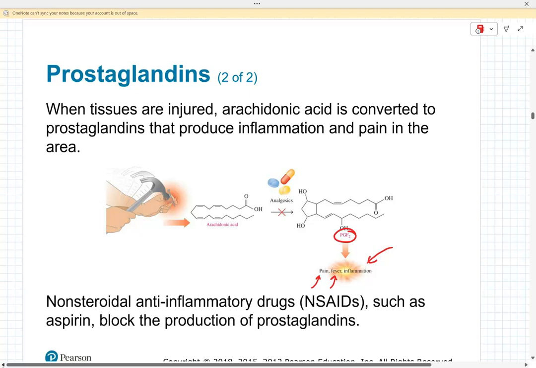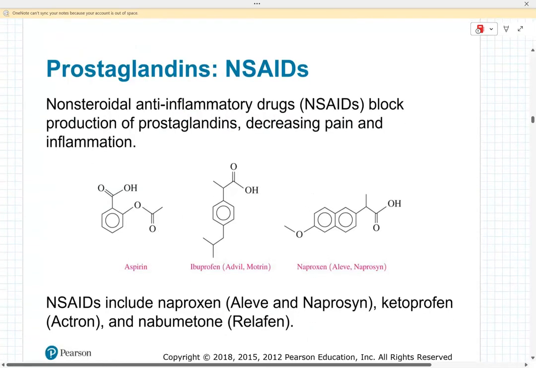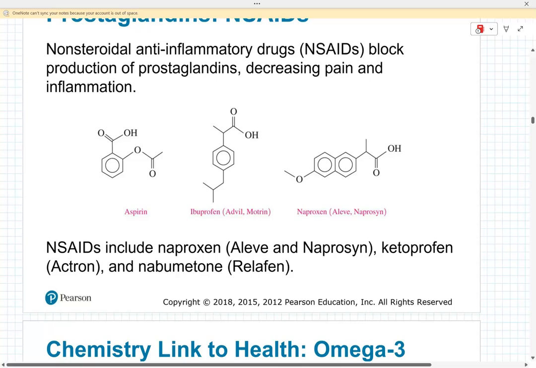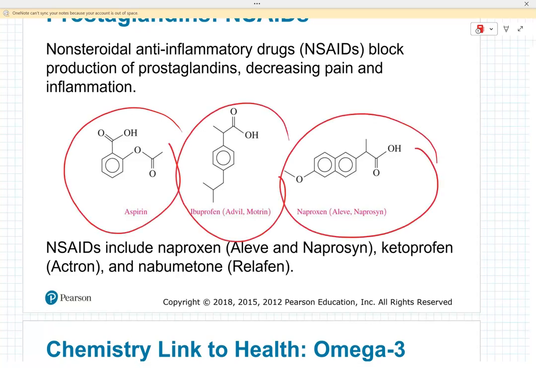Those drugs, non-steroidal anti-inflammatory drugs, block the enzymes that produce prostaglandins. Okay? This is not a full list. Obviously, they did not put acetaminophen on the list, but those are indeed the blockers of this enzyme.